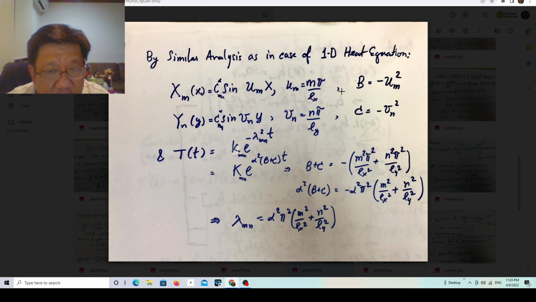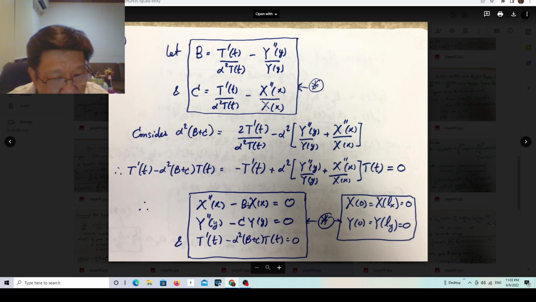In this case, when mu sub m is here, why do I get that b is minus mu_m square? If you look at the original here, b is here.